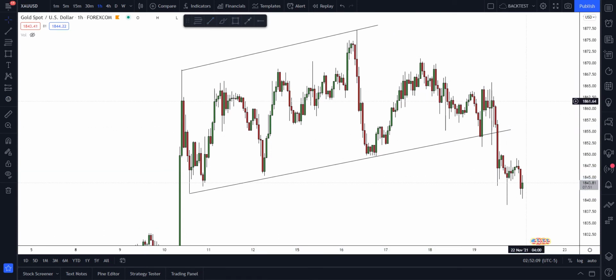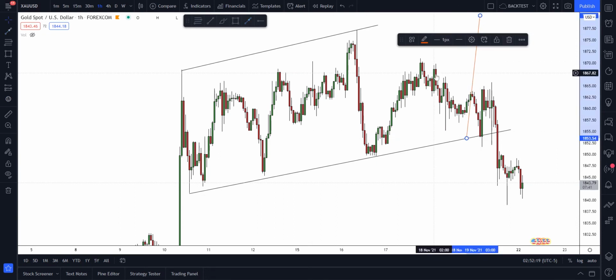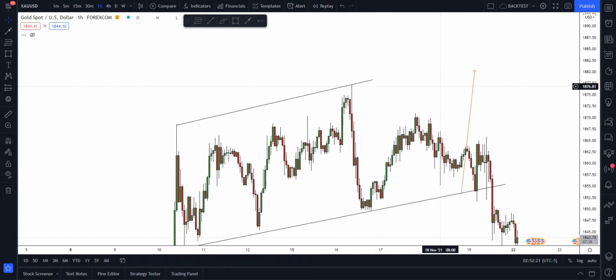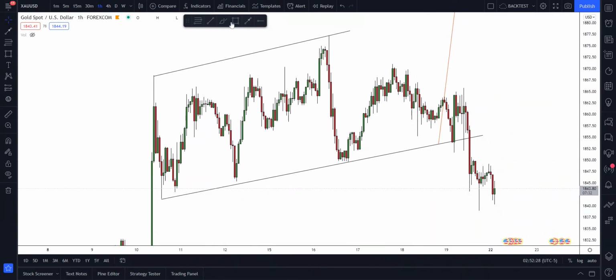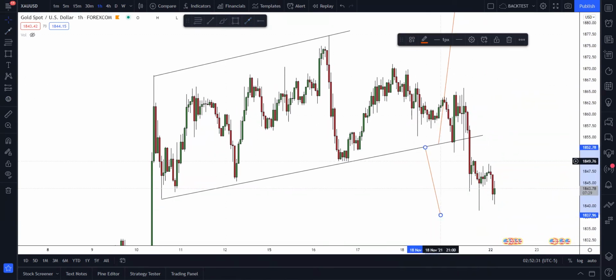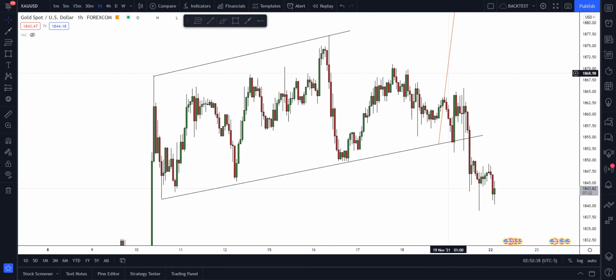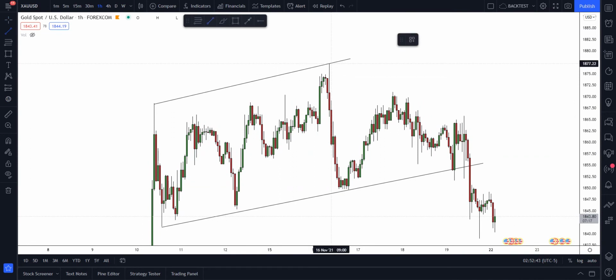When you see this kind of pattern, we're anticipating for price to go bullish, break previous highs and continue moving bullish. But at the same time, we can expect a bearish momentum, which happened right here.